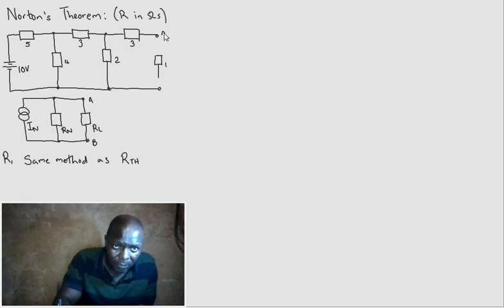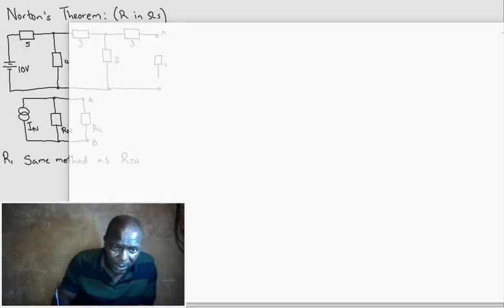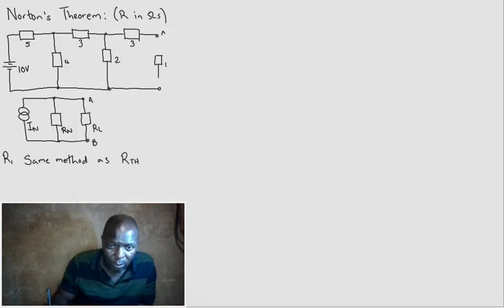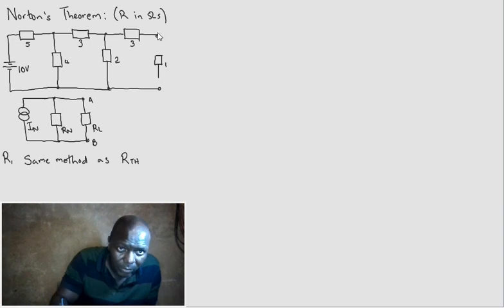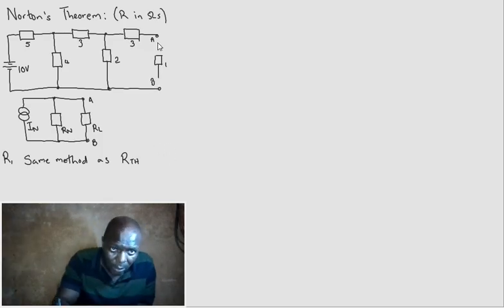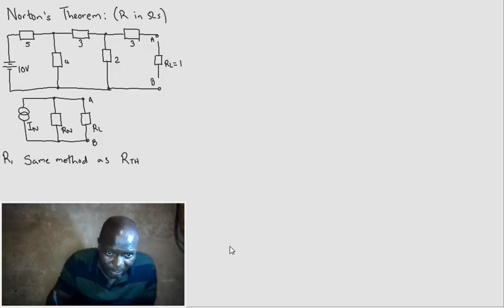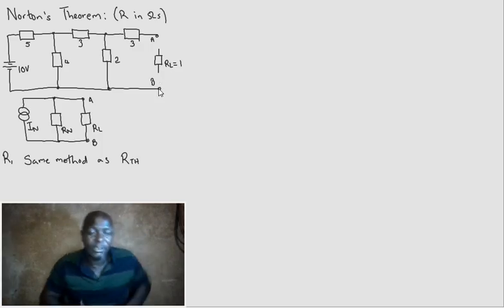This is our A, this is our B. I'm putting it in here because I know where I'm going. Now, we have removed the load. R_L equal to 1 has been removed. Let's make it clear that it's been removed.